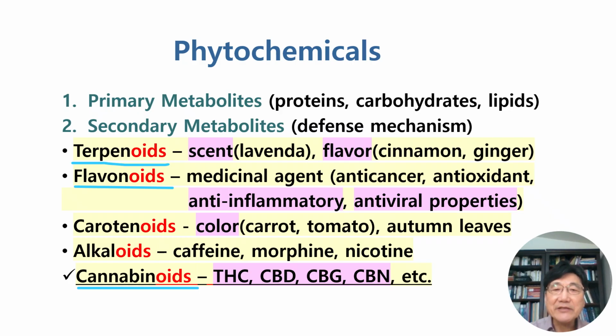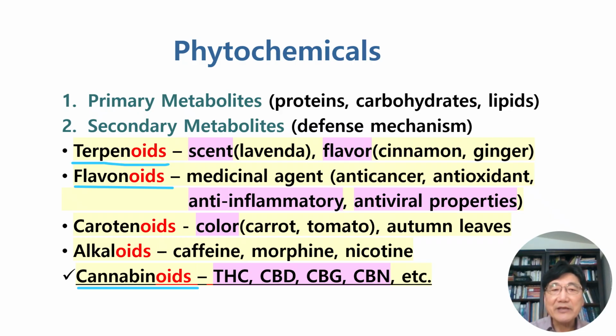Secondary metabolites play a variety of roles in the plant's life related to defense and environmental stress from animals and pathogens. Because these phytochemicals affect animal and microbial cells, many of them are used in medicines and pharmaceuticals.